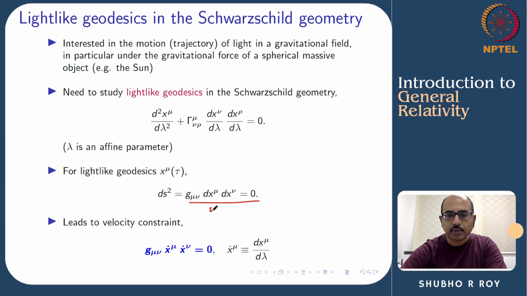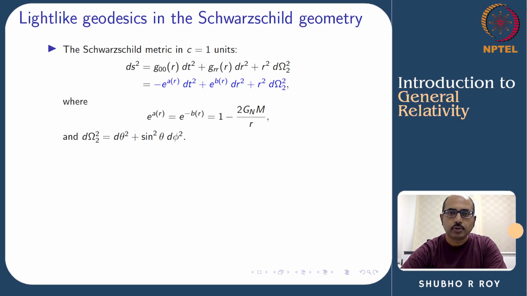As I said, if I divide both sides by d lambda, I get the velocity constraint, or in this case it's more accurate to call it the dispersion relation, because just like E squared minus p squared equals m squared is the dispersion relation, this is a relation analogous to that, except the x dots are now the four-velocities, given by dx by d lambda, where lambda is the affine parameter along the geodesic. So we have to solve this equation subject to this constraint.